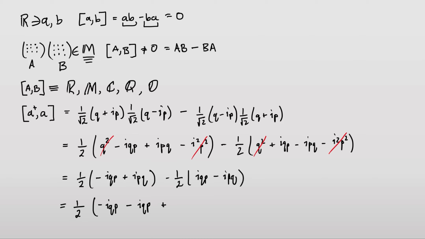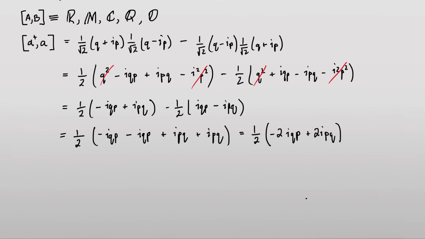Then we're going to do plus this guy right here, IPQ, and then plus, because this minus and that minus make a plus, that IPQ. And then this is actually 1/2 of negative 2 IQP plus 2 IPQ.